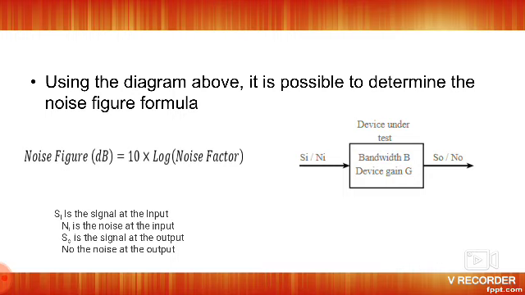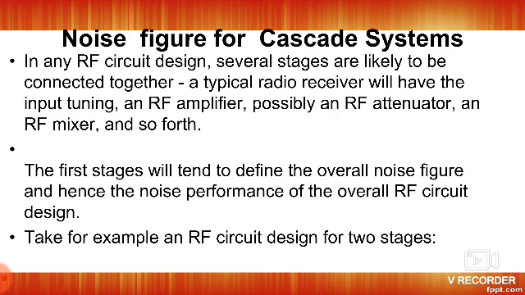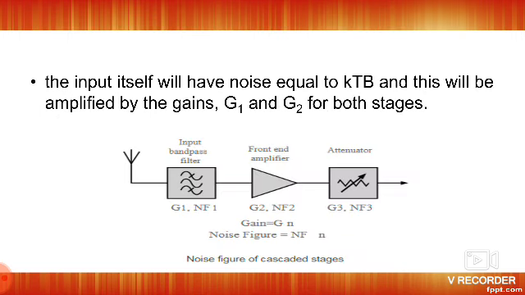Here we have a block diagram: signal to noise ratio at the input divided by signal to noise ratio at the output. The relationship between noise figure and noise factor is: noise figure in dB is equal to 10 log of the noise factor.